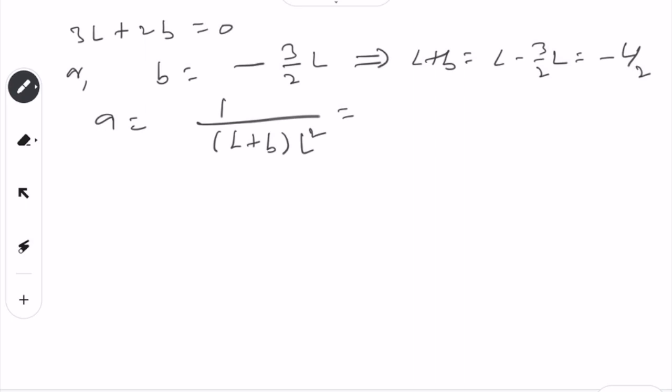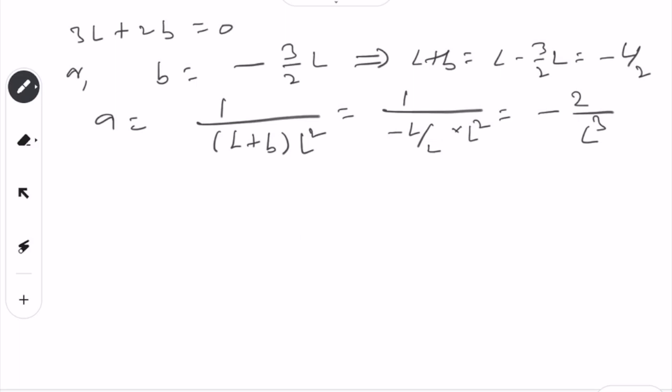So this will be equal to 1 over minus L over 2 multiplied by L square, so minus 2 over L cube. So this is what a is.